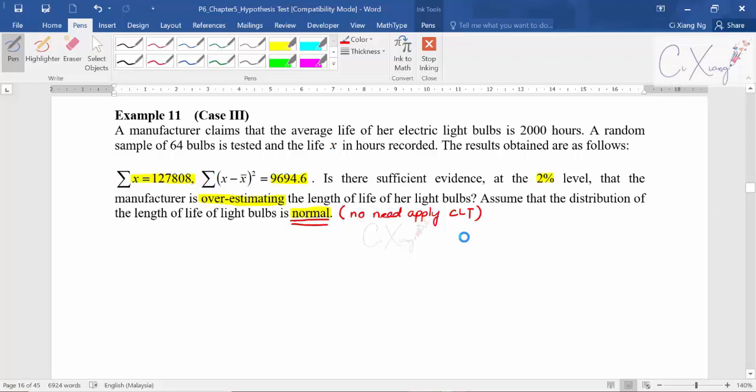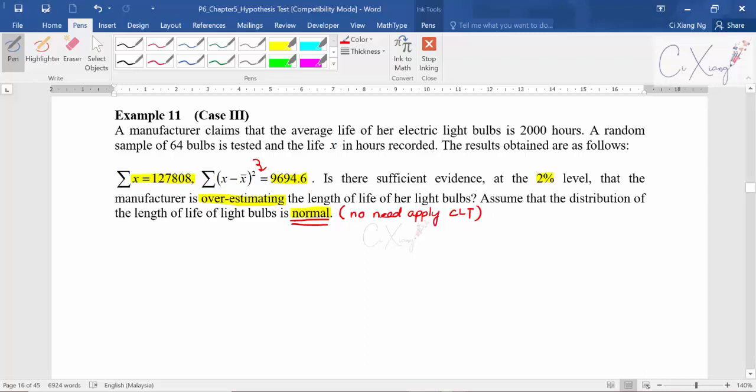For example 11, because the sentence already tells you that the population is normally distributed, you don't need to apply CLT here. But because they didn't give you any population variance information, and only give you the summary of the sample, you need to compute the unbiased estimated variance first before you can get the test statistic.